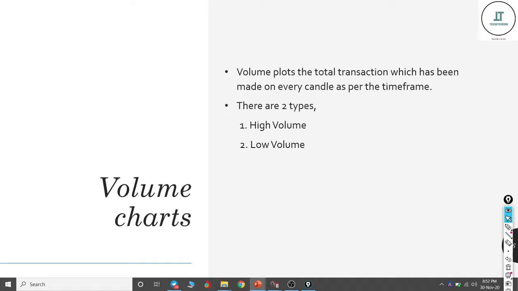What do we mean by volume charts? Volumes plot the total transactions, that is buyers' and sellers' transactions, made on every candle as per the time frame.